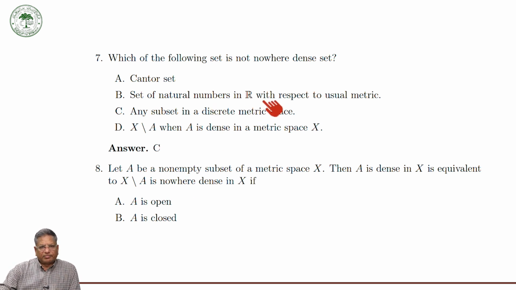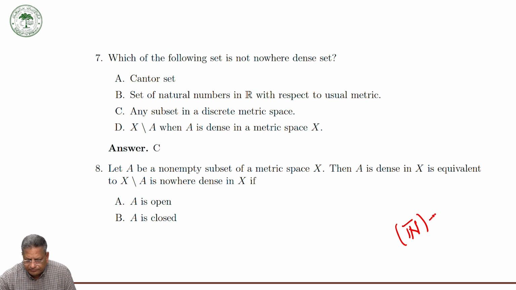Set of all natural numbers with respect to the usual metric. Okay, so you can see that it's very simple. As I have mentioned, a set of all natural numbers, so you have this N. So you have to prove this nowhere dense set, the closure of interior.